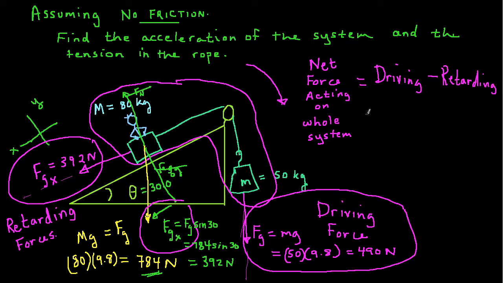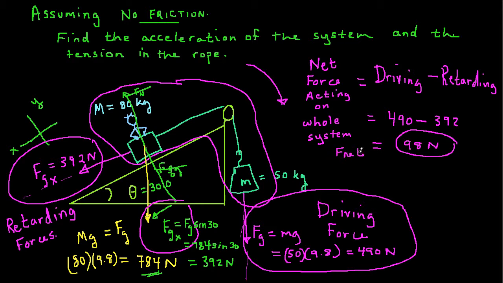Okay, so in our case, it's equal to 490 minus 392. So that should come out to be, let's see, 98 newtons. Okay, so that is the net force acting on the system, F net.